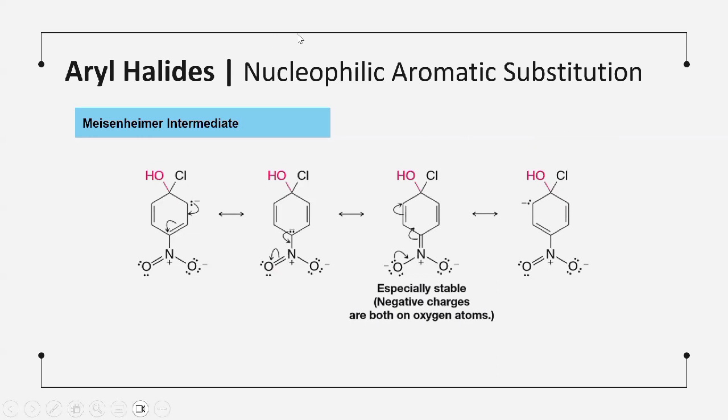So, as we can see, the third structure from the left is especially stable since the negative charges niya are both on oxygen atoms. So, yun, if an arenium ion is a carbocation, Meisenheimer intermediate is a carbanion, so negatively charged.